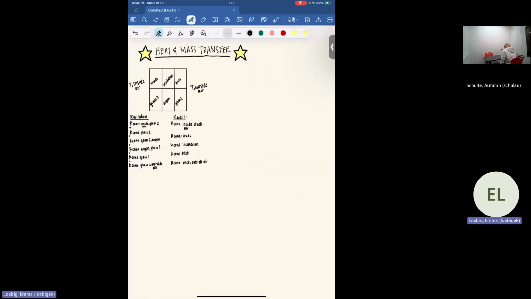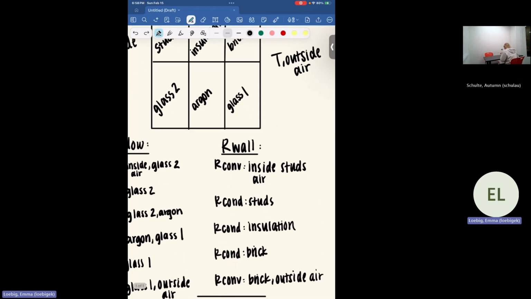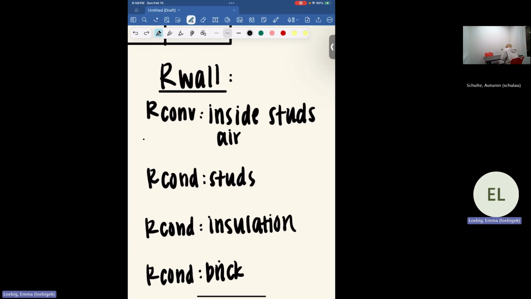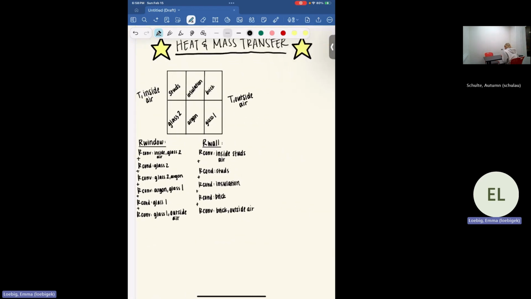And once again, all of these for our wall are in series. So these resistances can just be added to find the total resistance of the wall.